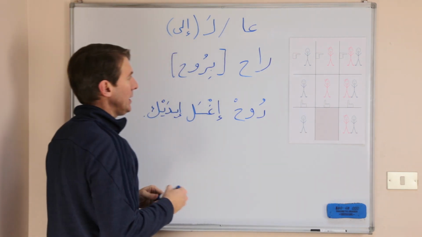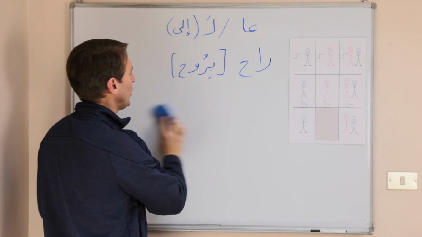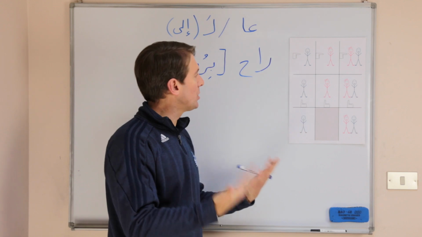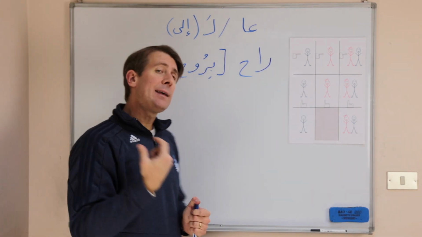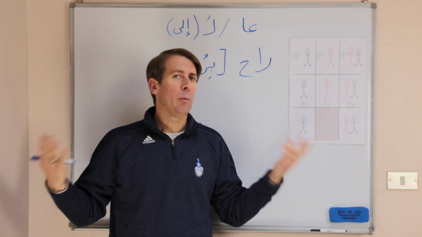So, that is basically what happens with this verb. It is used in the command form to say, go do something. All right, go do something. Also, it's used as he went. And it can be used for things like, for example, I went and I spent all my money.